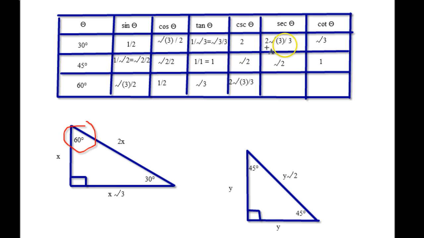Cosecant of 60 is like secant of 30. That's interesting. And if I flip this one, I'm going to get 2, which means that secant of 60 is going to look a lot like cosecant of 30. That's interesting. And then cotangent, well, if I just flip this one, it's going to look like this one up here. So it's going to be the square root of 3 divided by 3.